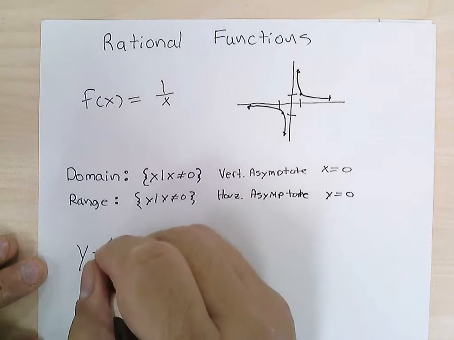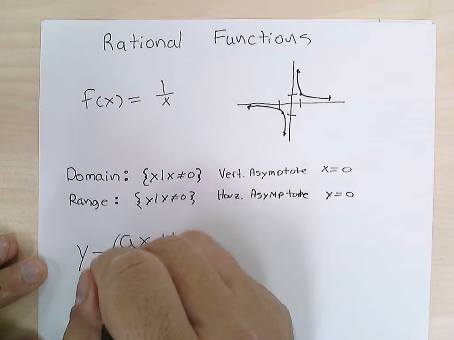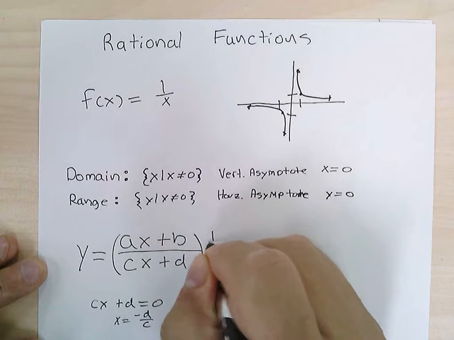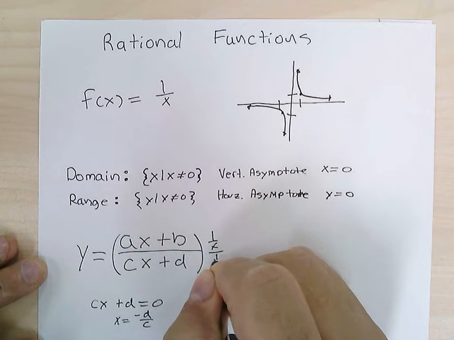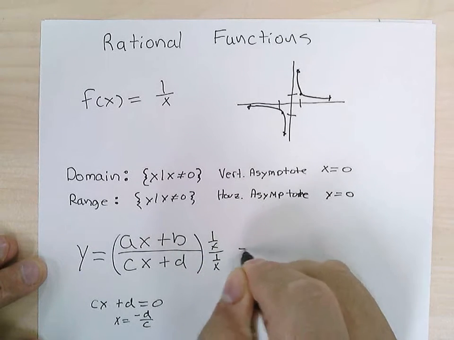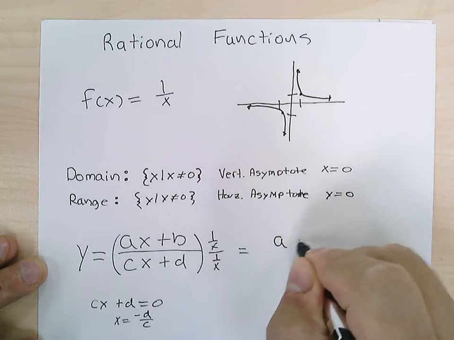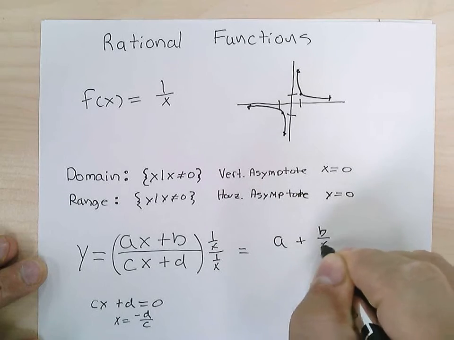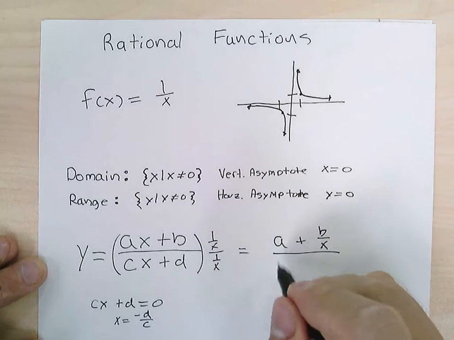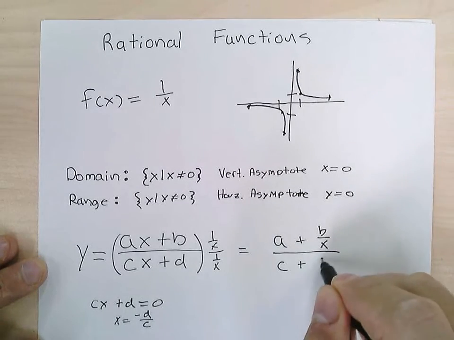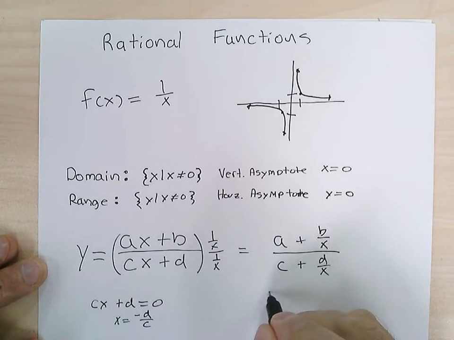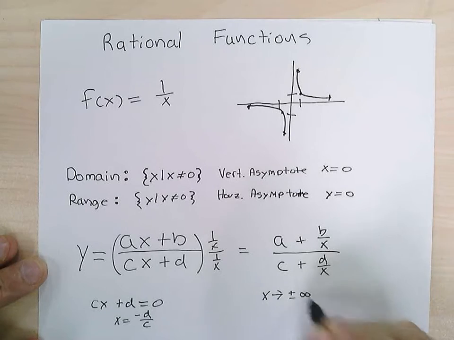Now, for the horizontal asymptote, we're going to find that by multiplying the top and bottom by 1 over x, and that leaves us a plus b over x all over c plus d over x. Now the concept is we're going to look at what happens as x approaches plus or minus infinity.